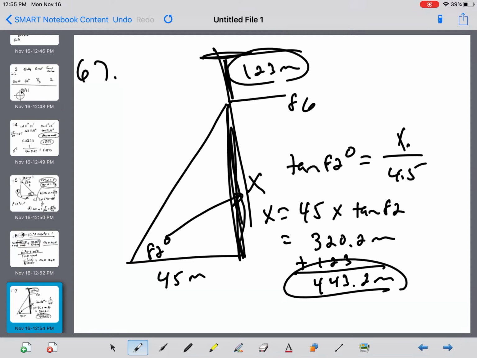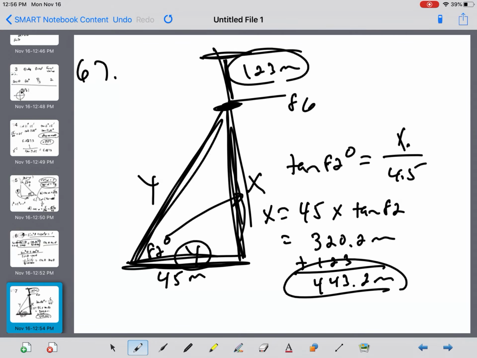Okay? Now it also asks you how far away is your friend if they're this distance. So for this problem, oh, I'm sorry, your friend is up on the 86th floor. So you need to find this distance right here.